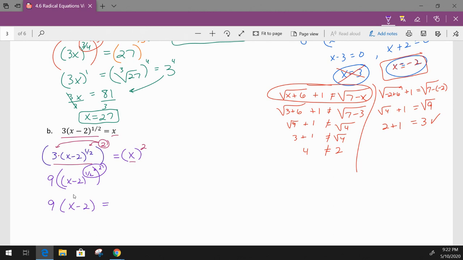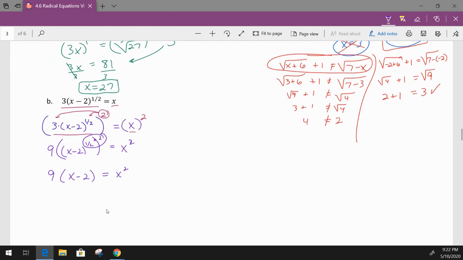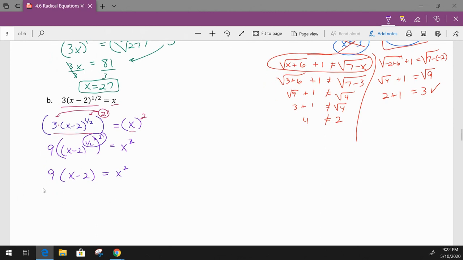On the right side, though, we don't have a square root. So when we square the x, we get x squared. Now, on the left side, we do have a little bit more simplifying to do. We can now distribute the 9 into the parentheses, and we get a nice quadratic equation. So again, with a quadratic equation, you want to get the equation equal to 0, and you want your x squared term to be positive if possible.